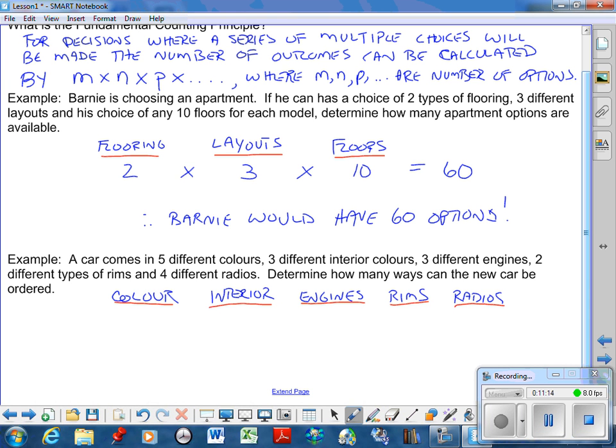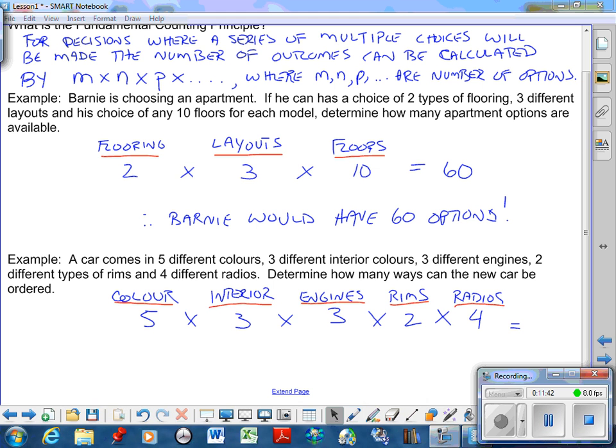Car color, does it affect the interior color? Probably not. My interior colors don't affect my engines. My engine doesn't affect my rims. And the radios definitely have no effect. So in order to calculate this, then we're just going to use our straight multiplication. All right, so you go ahead and calculate that, and you get 360.